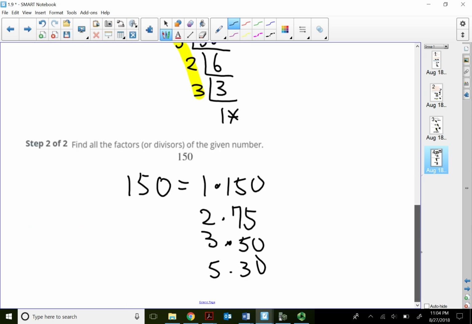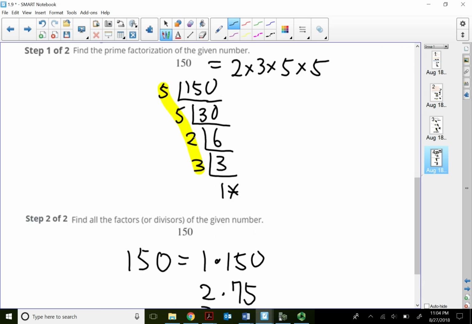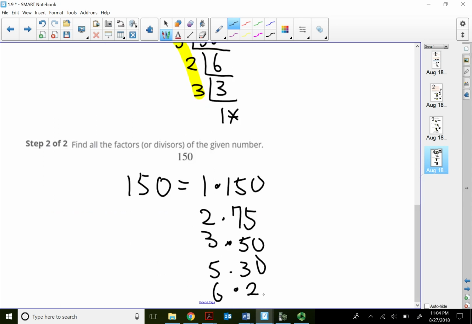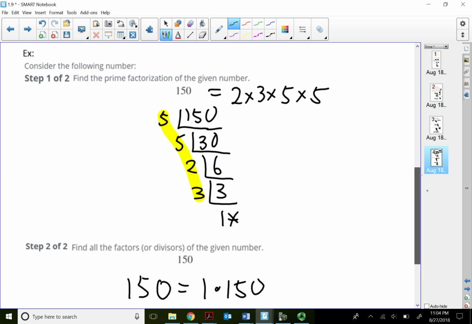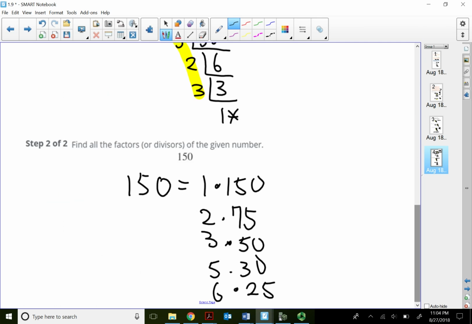If you remember divisibility by 6, if 2 can go into it and 3 can go into it, then 6 can go into it. See, the 6 is right here. It goes in 25 times, because 5 times 5. 7, 8, 9, 10. 10 is right here. 5 times 2 is 10. 10 will go into 150 15 times. 5 times 3 is 15.